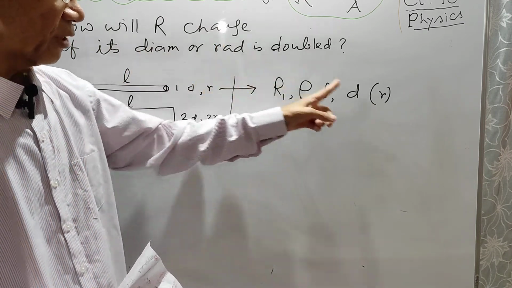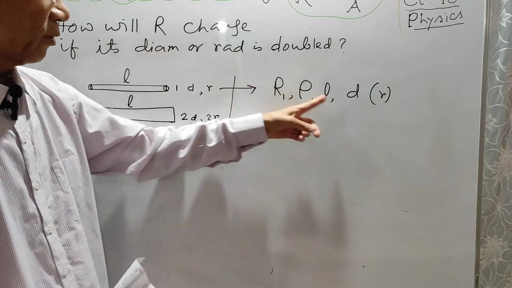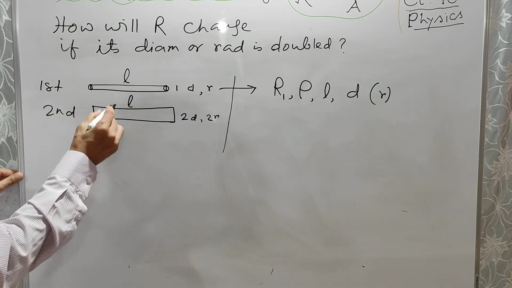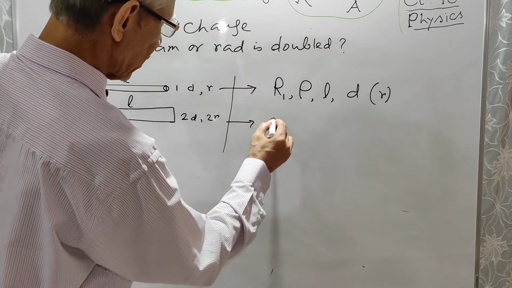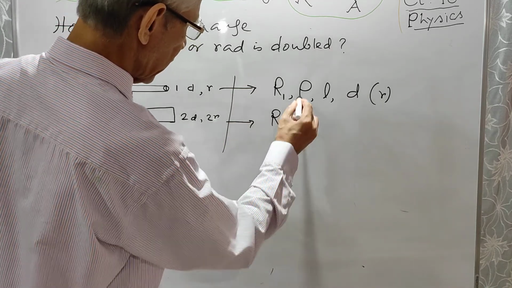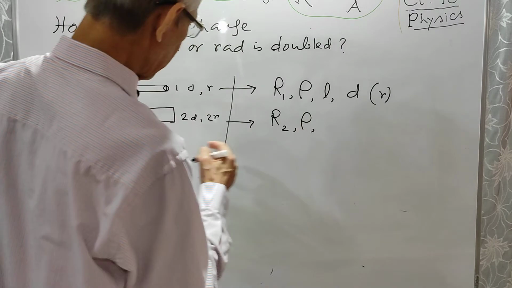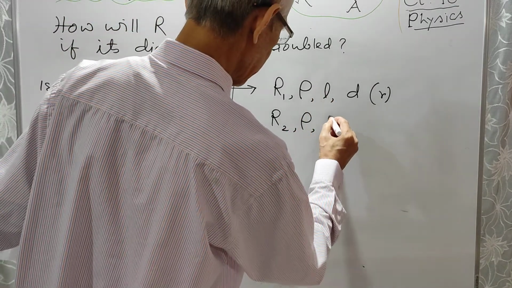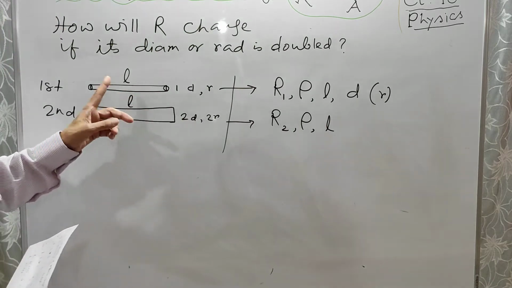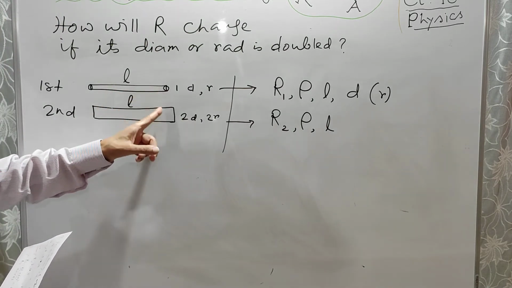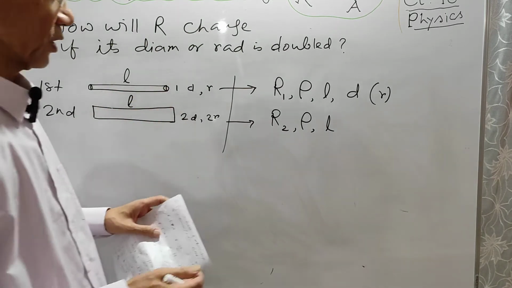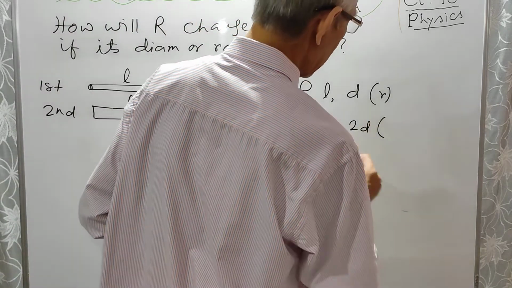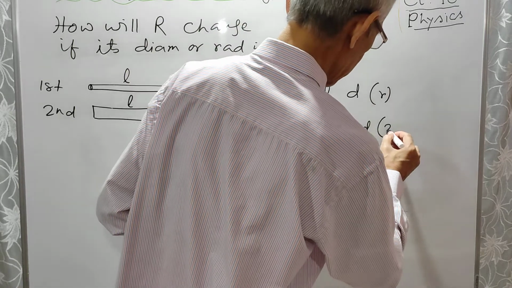If radius is mentioned, you take R. If diameter is mentioned, you take D. Now the second wire: resistance is R2. Resistivity rho is same because they are made of same material. Length is same. Only the difference is diameter or radius. So diameter is twice D, and if you think of radius, it will be twice R.